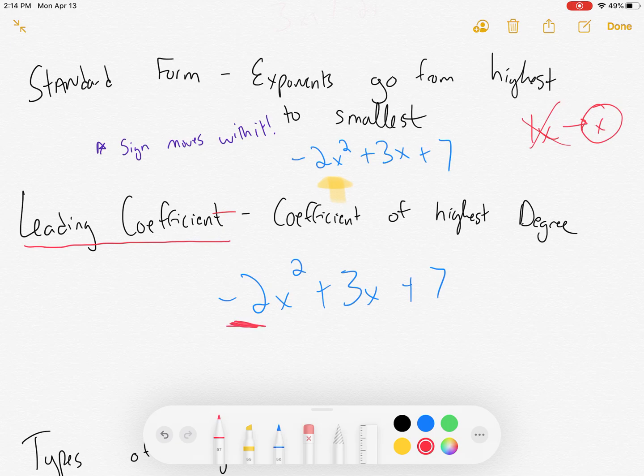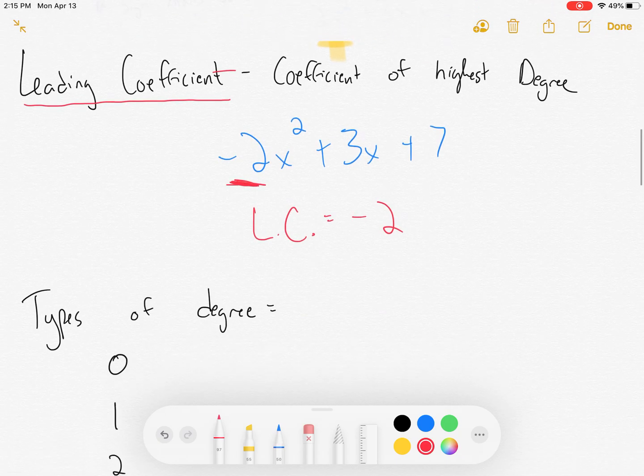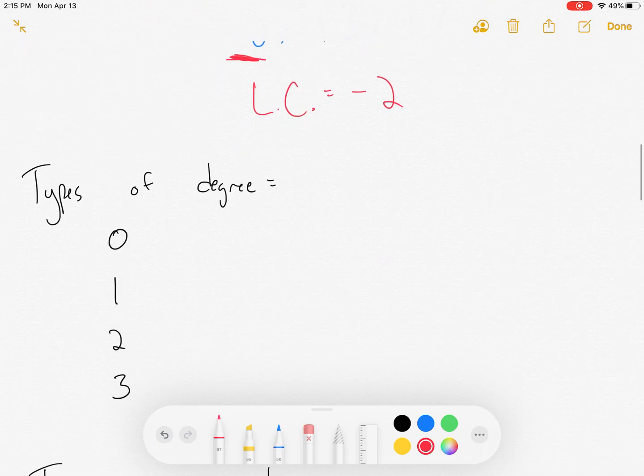Again, the leading coefficient is the number attached to the highest degree. My highest degree is 2, so my leading coefficient here is going to be the negative 2, which is attached out front.